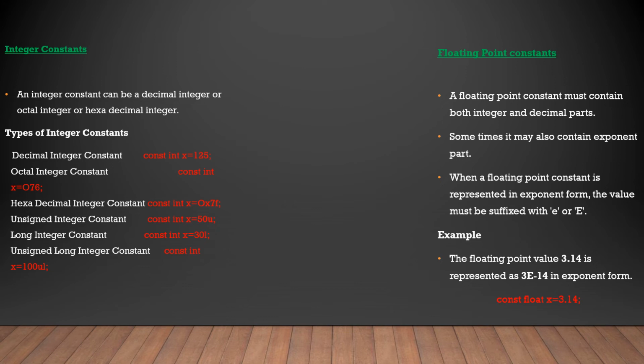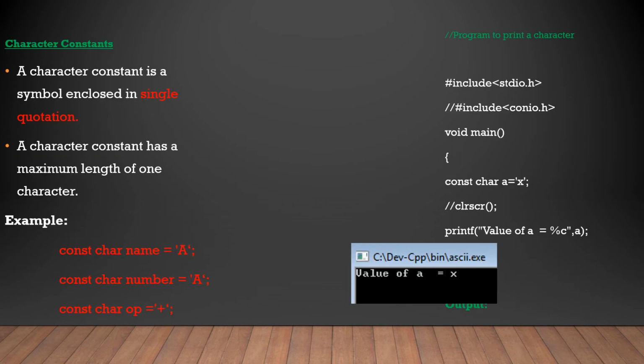We write it as 3e minus 14. Okay, guys. If I want to write it as a constant, I can write const float x equal to 3.14. Either in scientific notation or in decimal notation, however you want, you can represent it.